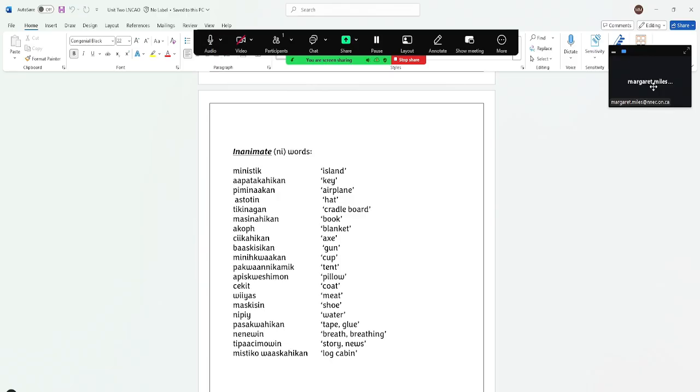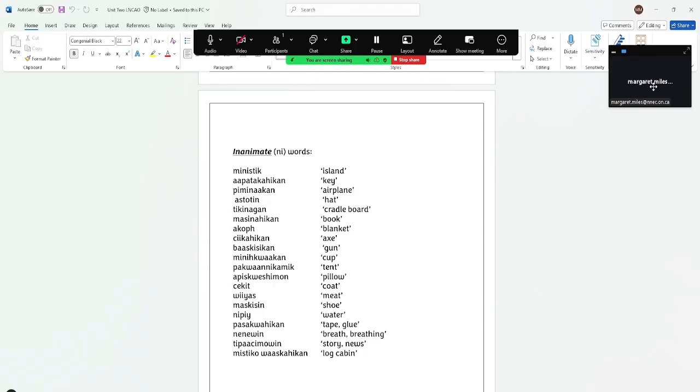A few words vary in their animacy from one community to another, being animate in some communities and inanimate in others. Animate nouns have plurals which end with ak, as in nabewak, men, while inanimate nouns have plurals which end in a, as in chimana, for boats.